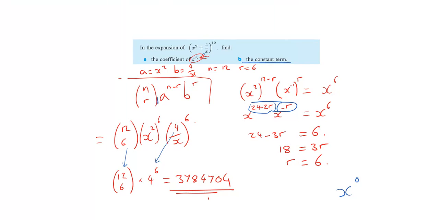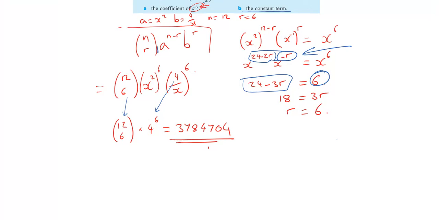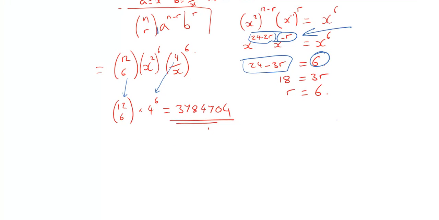We can use our previous work to help us with this, because back over here, we created an expression that was matched up with the power of x. We originally wanted 6 because we were looking for the coefficient of x to the 6. Now we want that to be 0 because we're looking for the x to the 0 term.